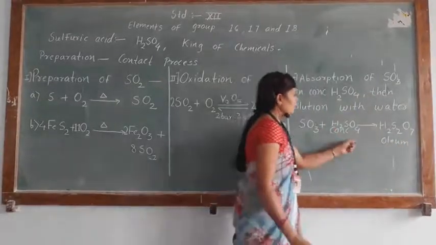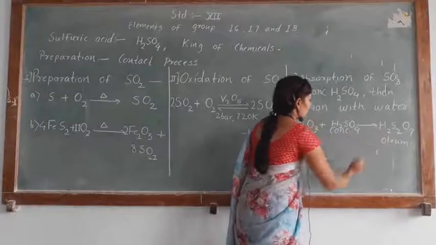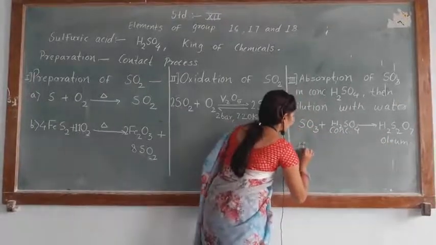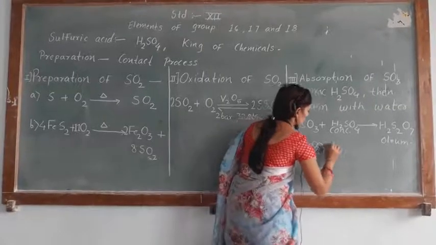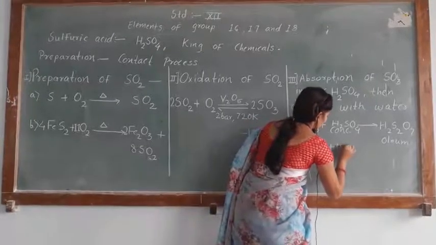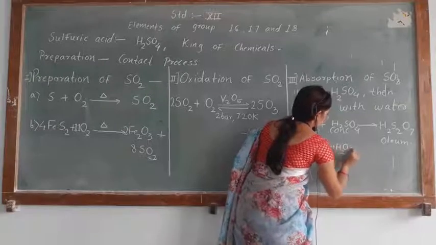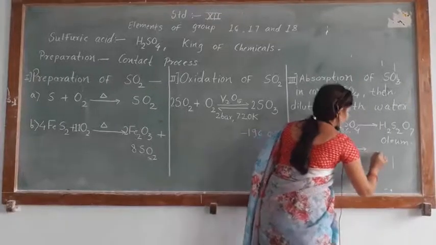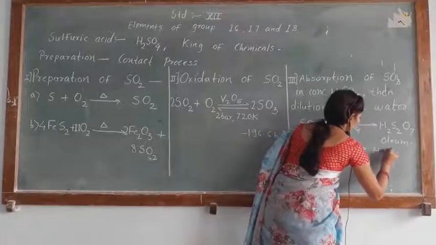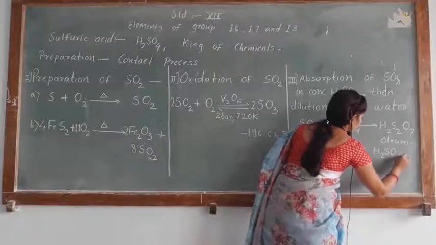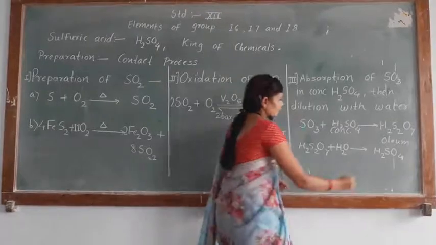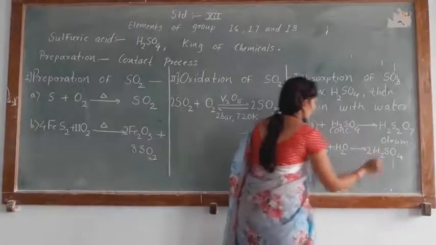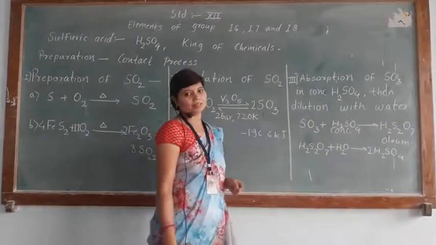And further this oleum is diluted with water to give the concentrated sulfuric acid. If we take the coefficient of sulfuric acid as 2, then the reaction gets balanced.